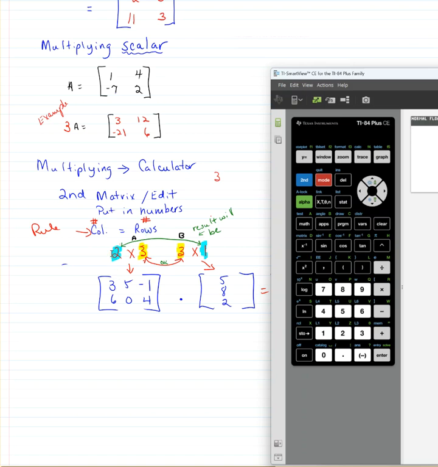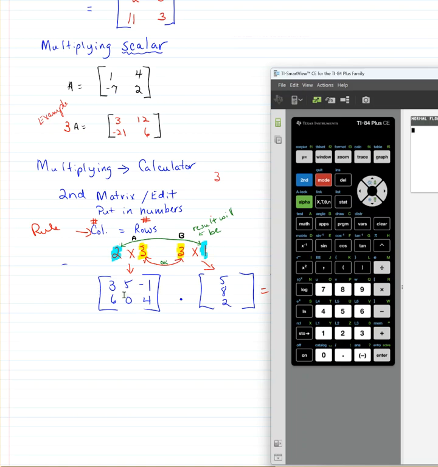So if you had a 2 by 3 and a 3 by 1, are they able to be multiplied? Yes, because the columns in the first one equals the rows in the second one. And then these two on the outside tell you what size your output will be. It'll be a 2 by 1.